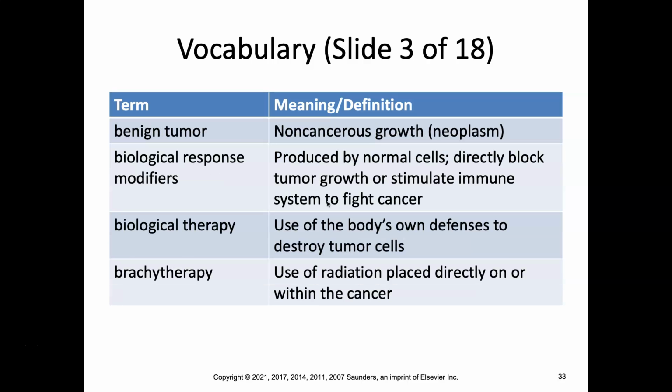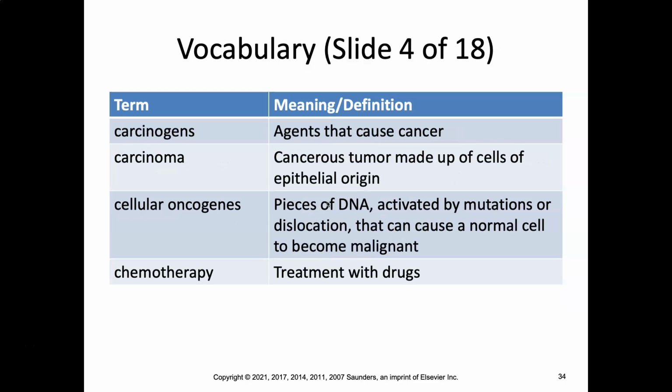Benign tumor, biological response modifiers, biological therapy, brachytherapy. Brachytherapy is typically used with prostate cancer, where they put these actual radioisotopes into the tumor itself and they burn themselves out by killing all the cancer cells around where they're placed. It's really kind of cool. It's been around for a long time, but still really neat how it works.